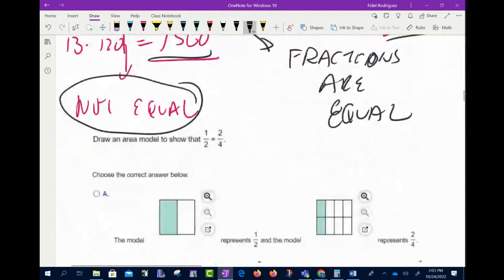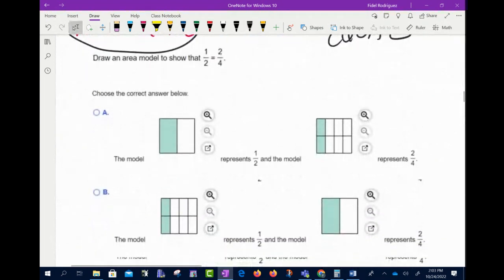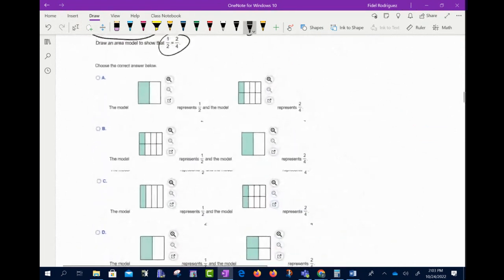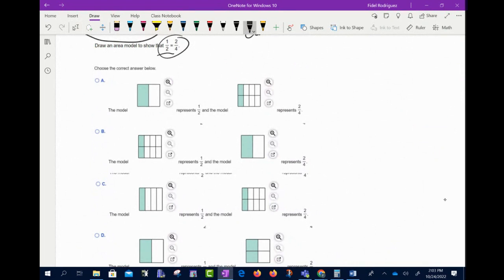Let me keep moving along here, y'all. For this next problem, it says draw an area model to show that 1/2 is equal to 2/4. I'm going to back up here because I want to look at all my choices. The first one is 1/2. That means I want to look for a square that's cut up into two equal pieces, one of which is shaded.